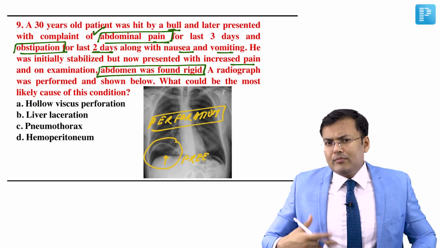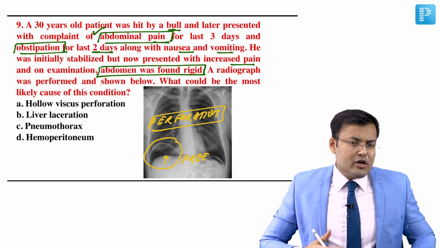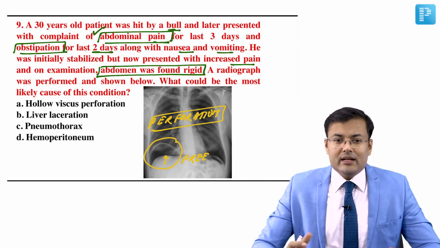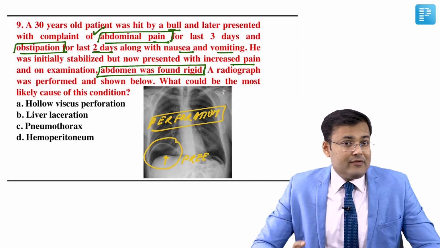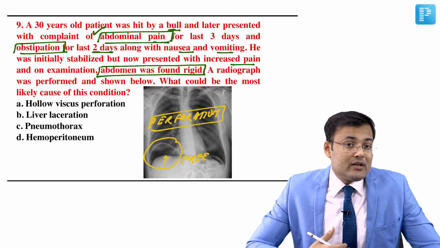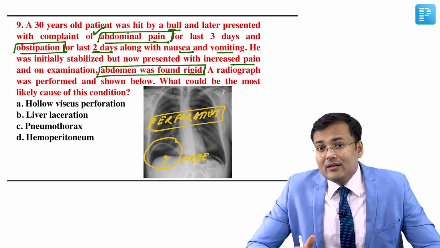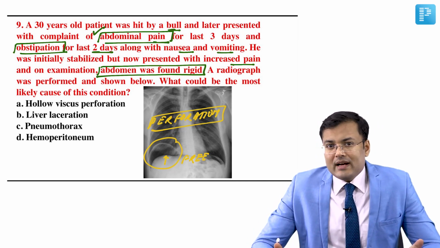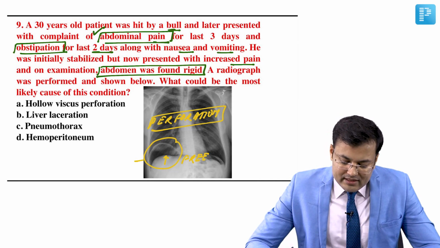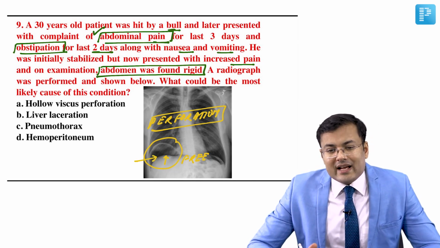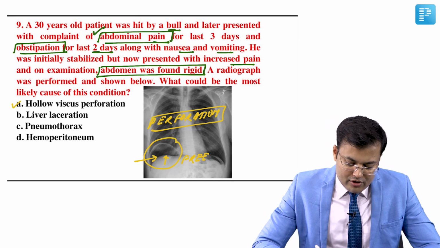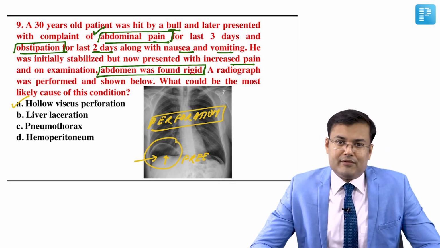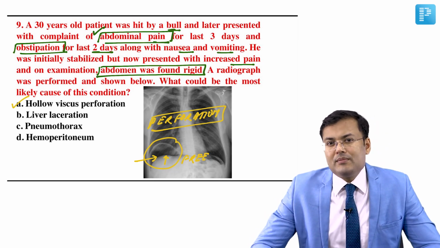Pain all over abdomen, tenderness all over abdomen, tachycardia, obstipation. And if you perform the examination, the abdomen is rigid. So there is guarding and rigidity. So many findings are there. Straight away you can make the diagnosis on the basis of this X-ray. So this patient has hollow viscus perforation. This is a patient of perforation peritonitis.